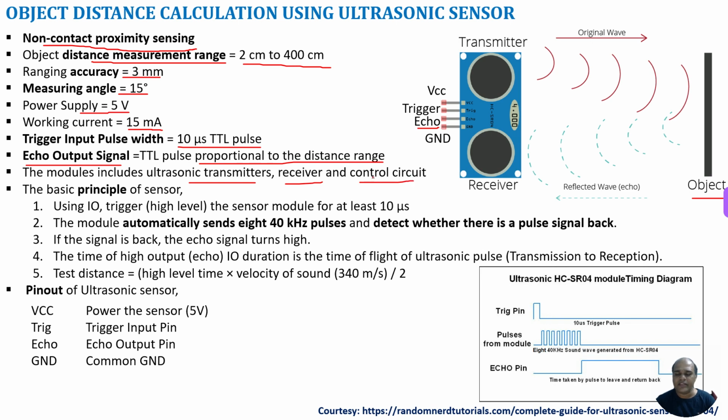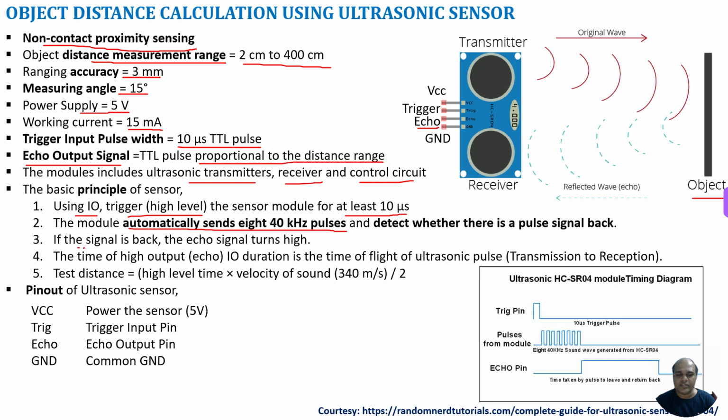Now let us see the basic working principle of the sensor. From a microcontroller, using GPIO pins, we send the trigger signal, and this trigger signal should last for at least 10 microseconds. Once this is done, the module automatically sends 840 kilohertz pulses. These pulses will be transmitted by the module, hit the object, and get reflected back.